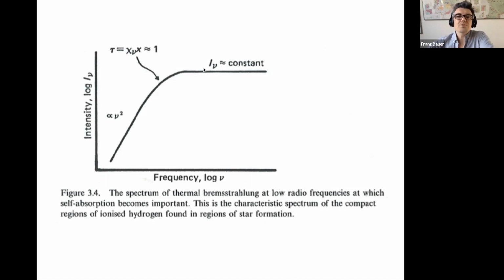And then once you get to about a tau of 1, where the absorption coefficient becomes strong, you get a turnover and you have something which rises as nu squared. And so this is the overall emission that comes out of something which is emitting in thermal Bremsstrahlung. So you have an optically thick portion and an optically thin portion, right?